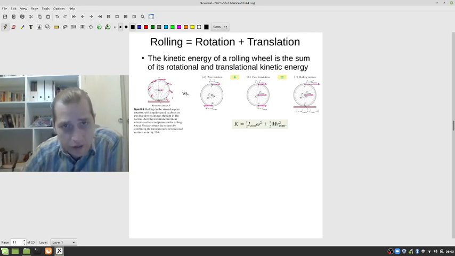How can we think about this in terms of vectors? Well, if you attached a little arrow on each point of this rolling wheel, one way to think about this is that this is an object that is purely rolling and its axis of rotation is right there.